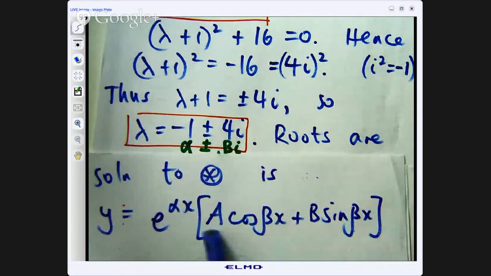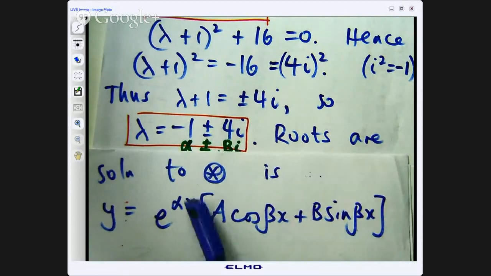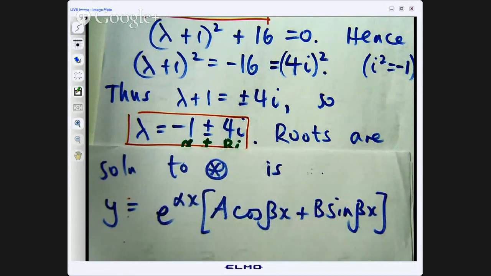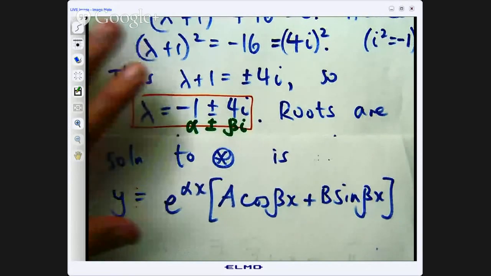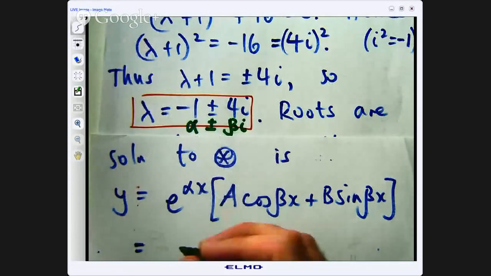It's a linear combo of cosine beta x and sine beta x, and you've got this e to the alpha x out the front. A and B are just arbitrary constants. We don't know what they are, but they're just constants. Okay, so in this case, the alpha would be -1.